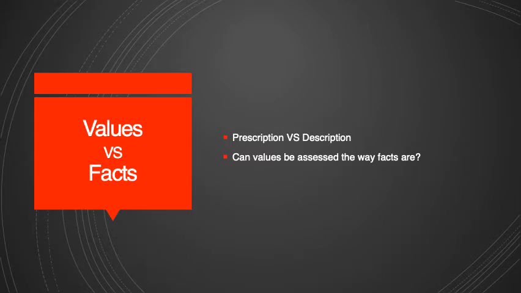A prescription, just like you get a prescription at the pharmacy where a doctor says you should take this, but this is a prescription about what you should do, about practical matters. This raises the question whether values can be assessed the same way that facts are. And indeed, it turns out that they can.